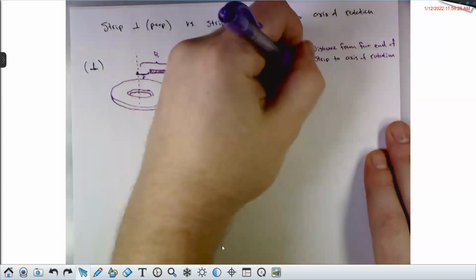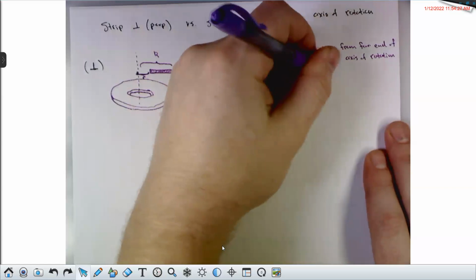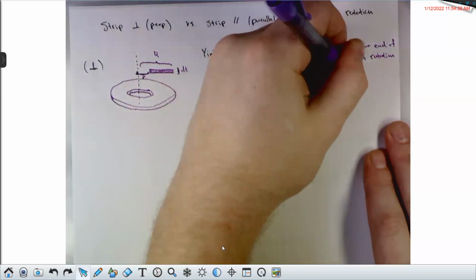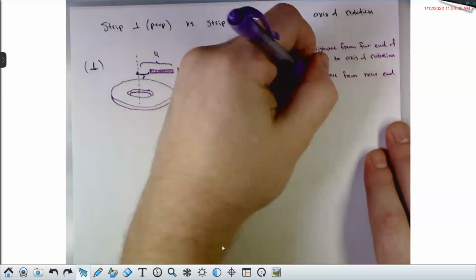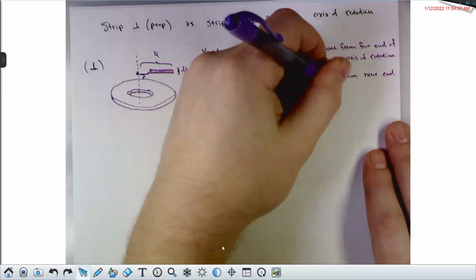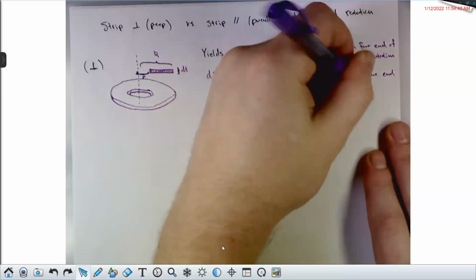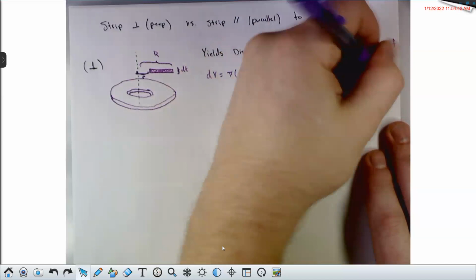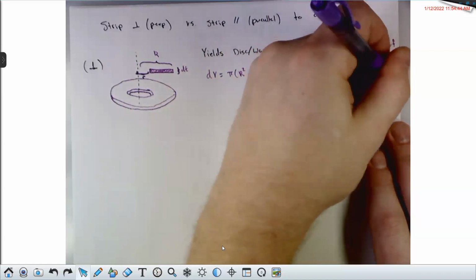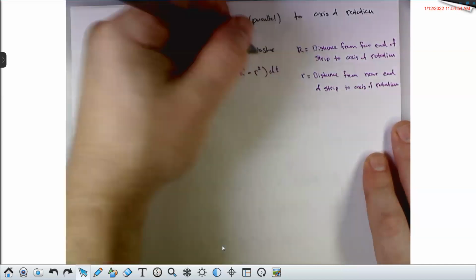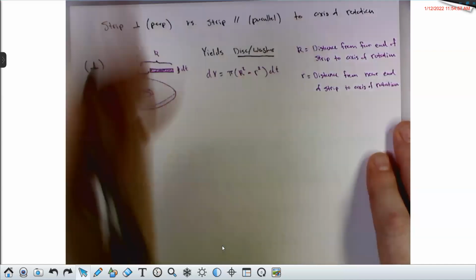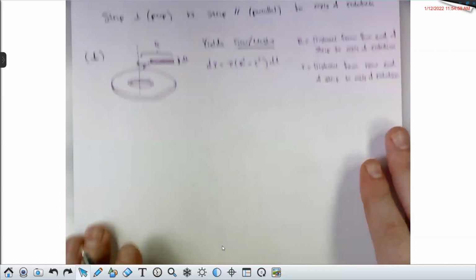And little r is the distance from the near end of the strip to the axis of rotation. Okay. So that's your disk washer method, the method we've been using.